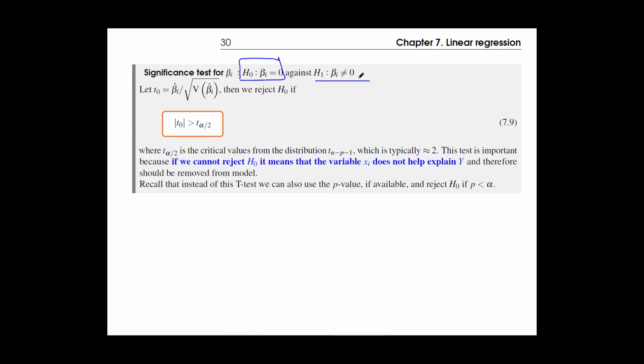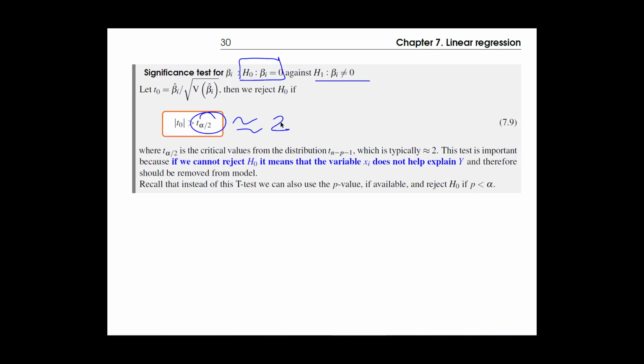You don't care if it's positive or negative, all you care is that it's significant. And significant variable means that you should include it in the model because the t-statistic is greater than the critical value. Now this critical value is always around 2, so we can just use a rule of thumb here. If the t-statistic of a random variable in absolute value is greater than 2, then we're going to reject the hypothesis.